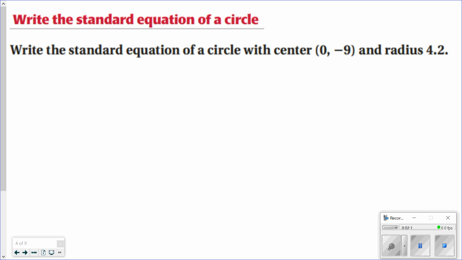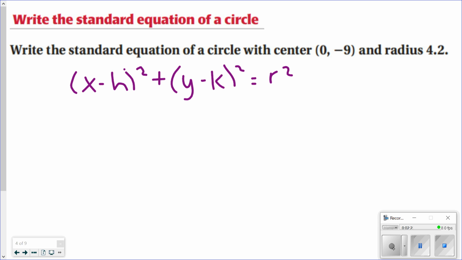Write the standard equation of a circle with center (0, negative 9) and radius 4.2. Well, let's start off by writing our standard equation for a circle. So here's our equation, and we know that we have a center of (0, negative 9). So this is h, this is k.